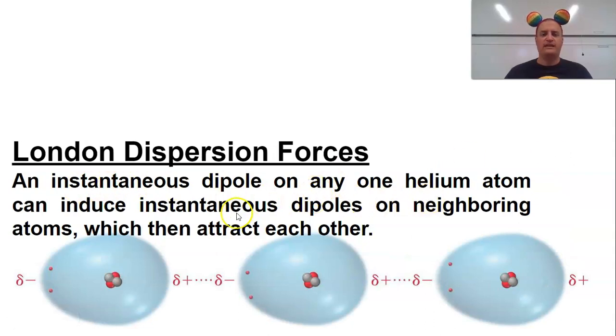An instantaneous dipole on one can induce others as well. When it becomes this way in this moment, it looks like a snapshot, like it's permanently there, but they're always rotating and moving, so this will be negative, this will be positive. Now that this one has become positive, that makes this one negative because the electrons are attracted to it because they're free to move, and it can cascade down.